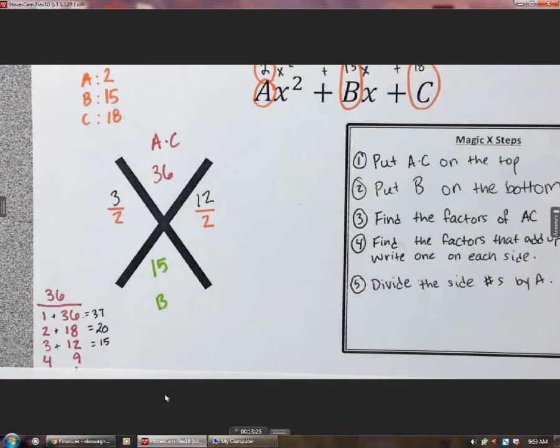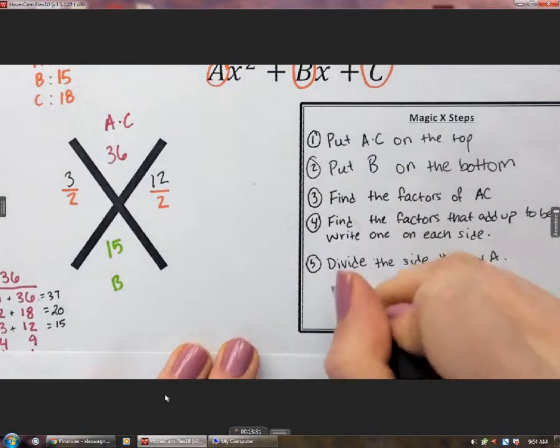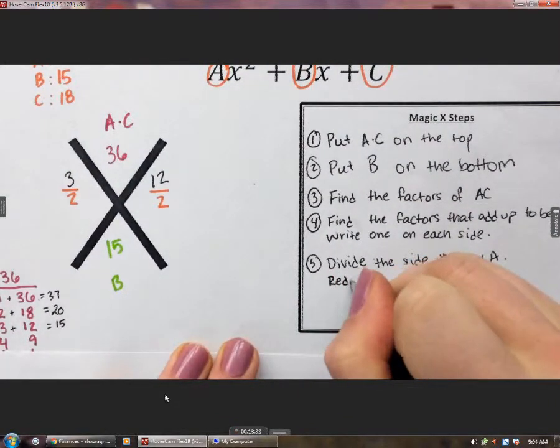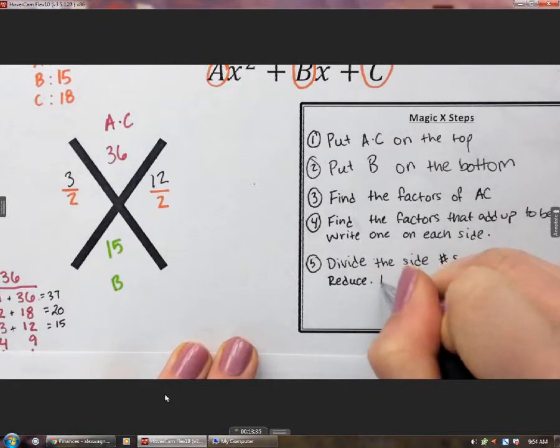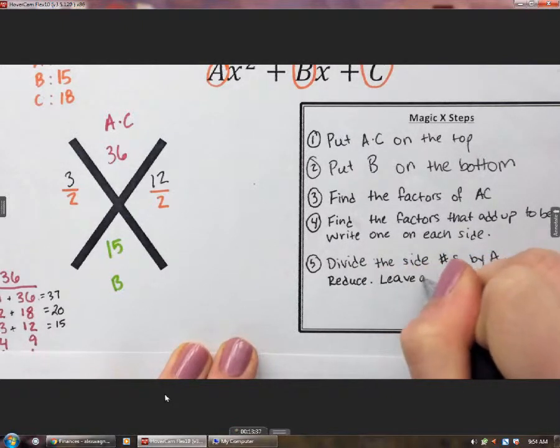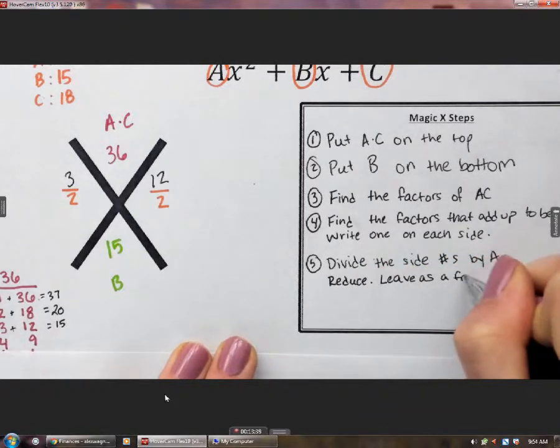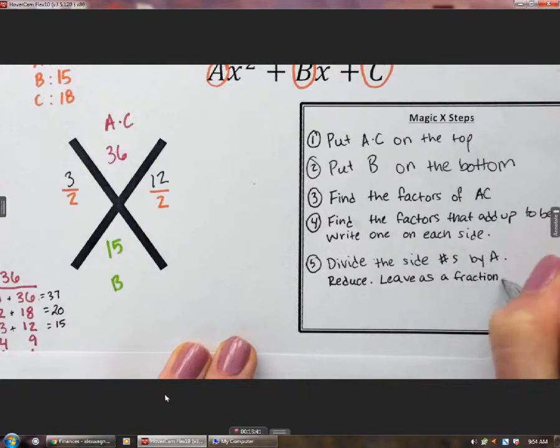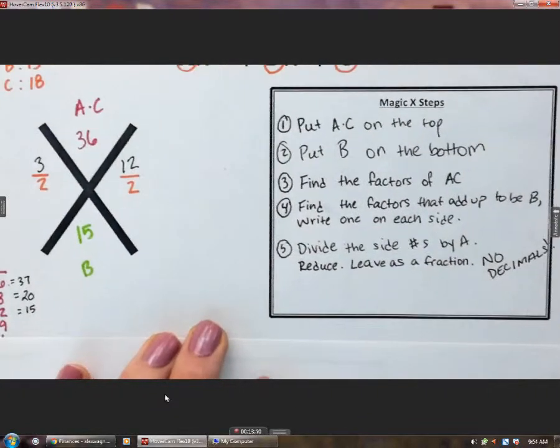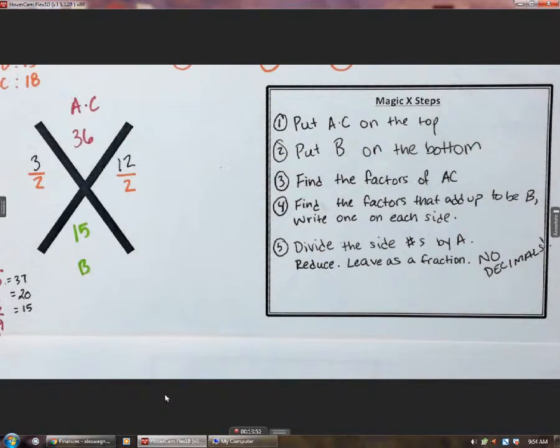Now you're going to divide by 2. Then you need to reduce and leave as a fraction. No decimals at all, ever. It will be counted wrong. No decimals, ever, for these ones.